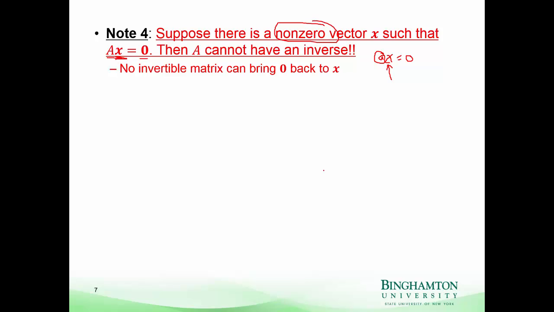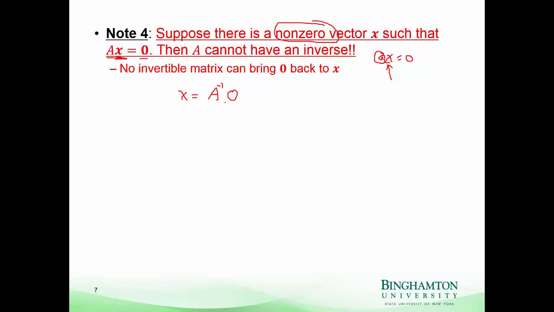So no invertible matrix can bring 0 back to x, right? That's really what this is saying. If I had this case, then I could get back this x by saying x equals A inverse times the 0 vector.